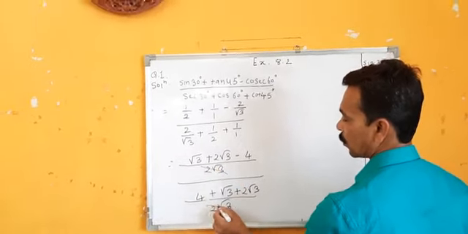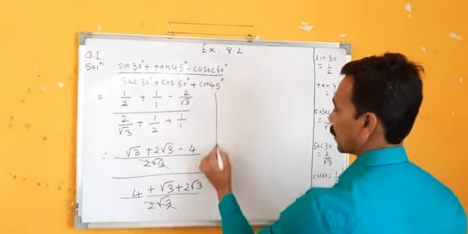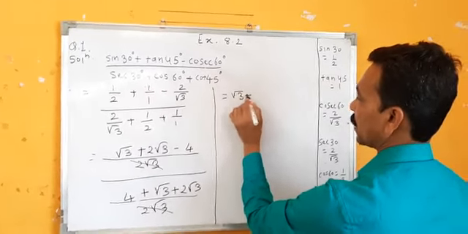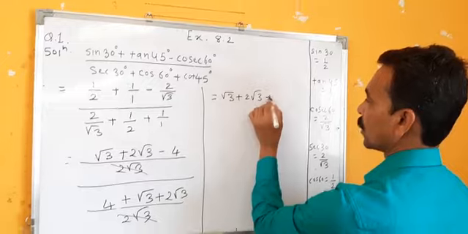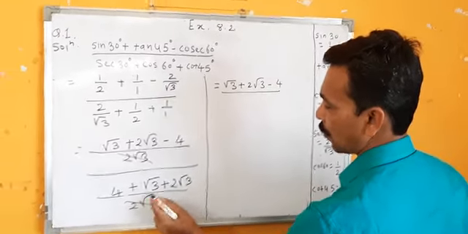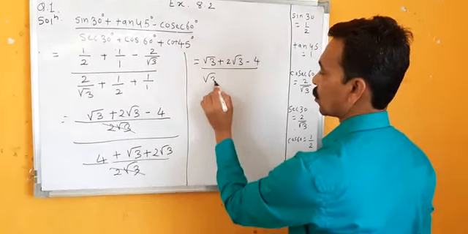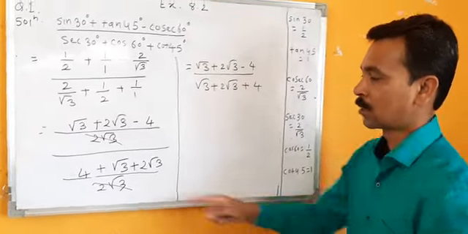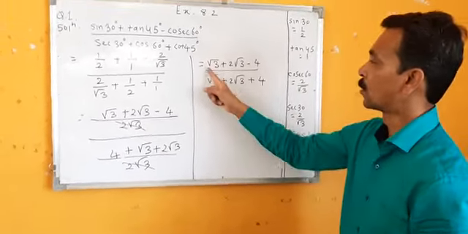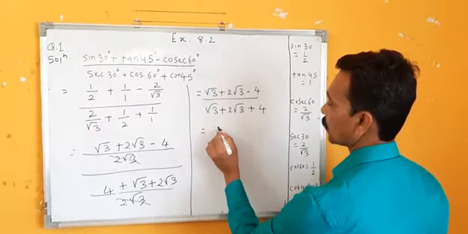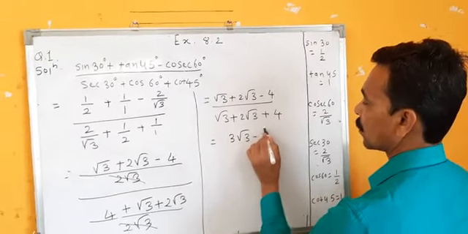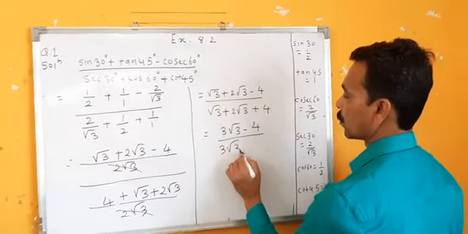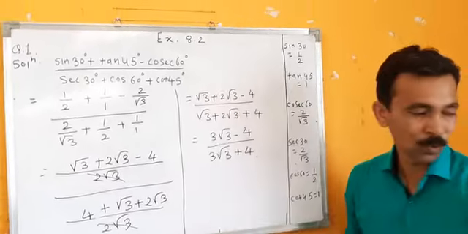This 2 root 3 gets cancelled, what is left? Root 3 plus 2 root 3 minus 4 upon root 3 plus 2 root 3 plus 4. Root 3 plus 2 root 3 is 3 root 3 minus 4 upon root 3 plus 2 root 3 is 3 root 3 plus 4.